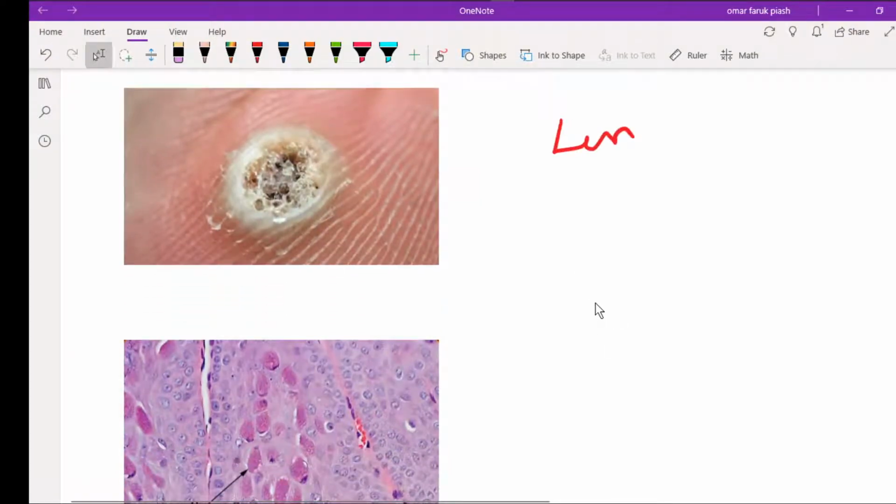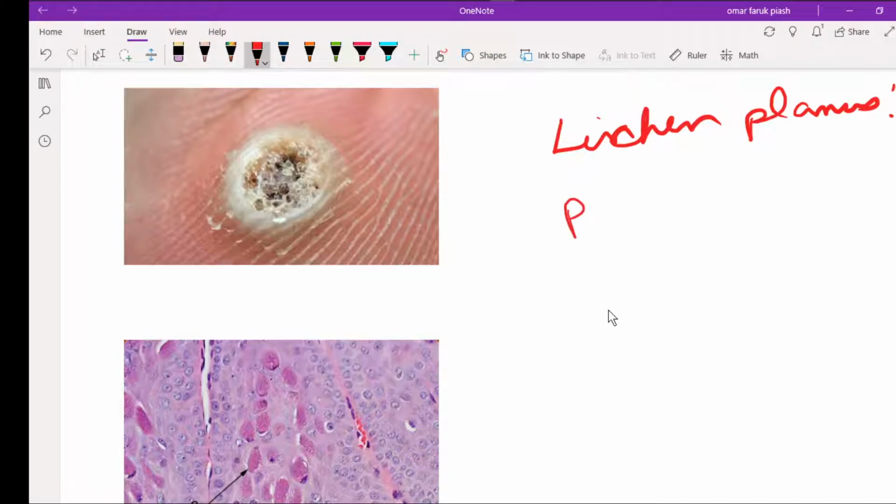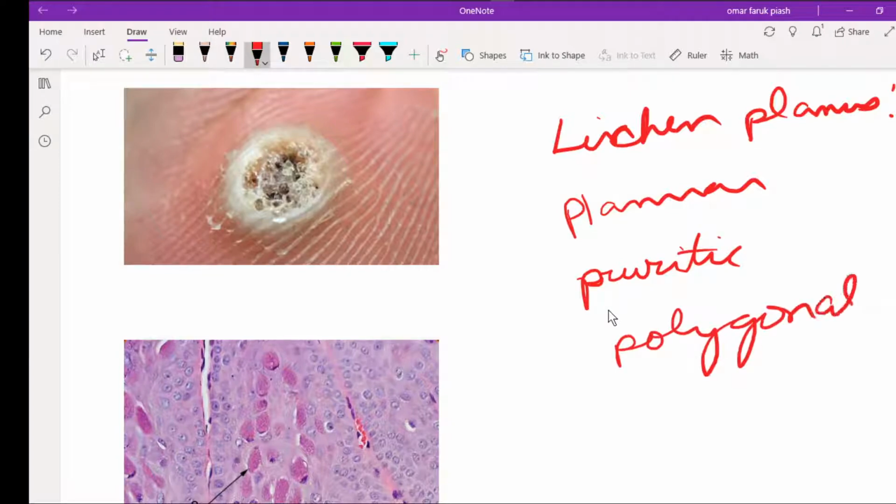Now, there is no picture for it, but I would like to describe lichen planus. In lichen planus, there are all the P's. That means planar, polygonal, purple papule, often with reticular white lines on their surface.